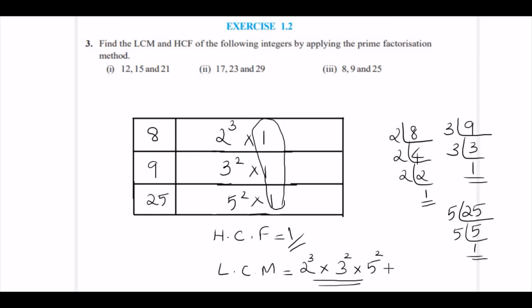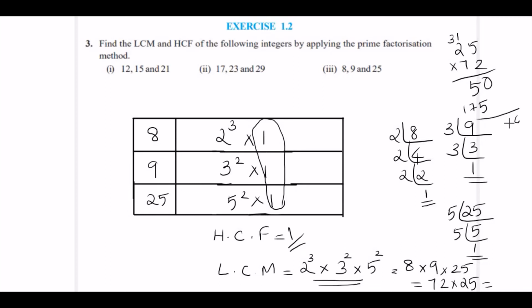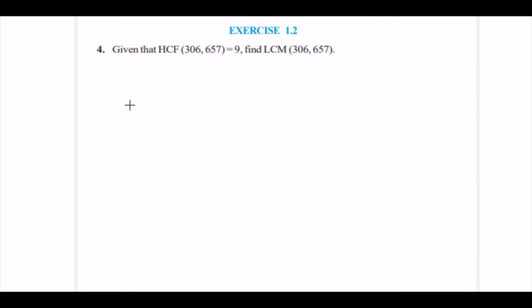So when you multiply, you get 8 into 9 into 25. 8 9s are 72, 72 into 25, that is equal to 1800.